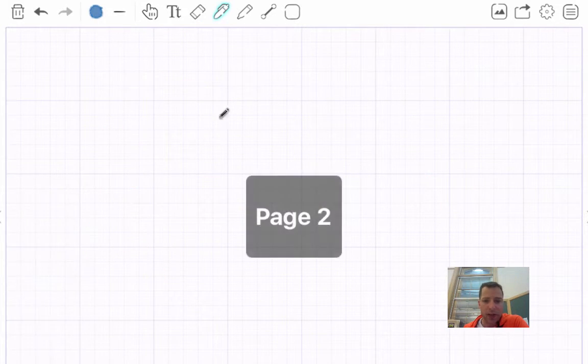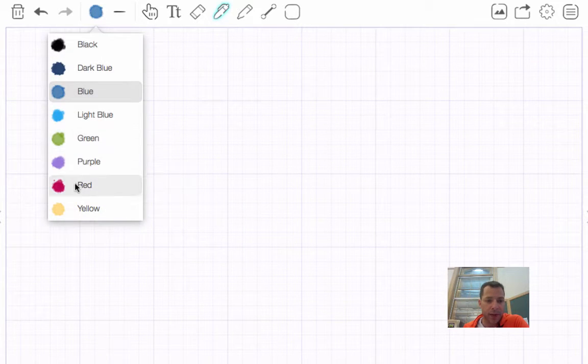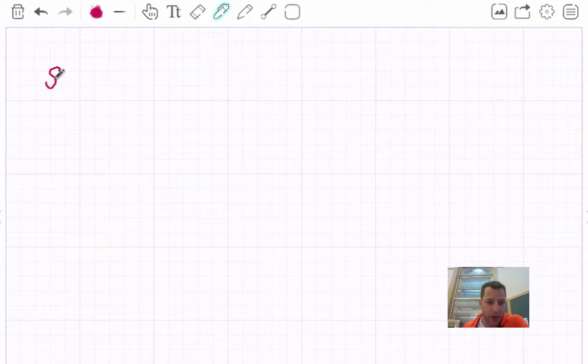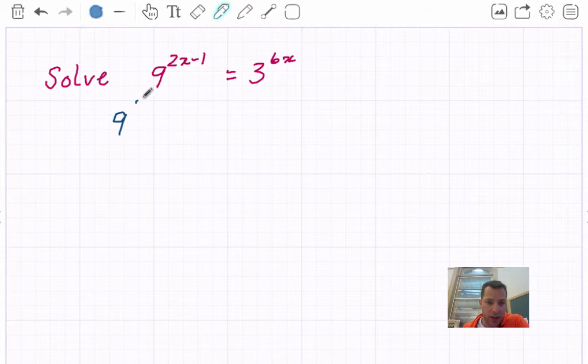Okay, so in the second example, let's solve 9 to the 2x minus 1 equals 3 to the 6x. I'm going to rewrite the problem first. We have 9 to the 2x minus 1 equals 3 to the 6x.